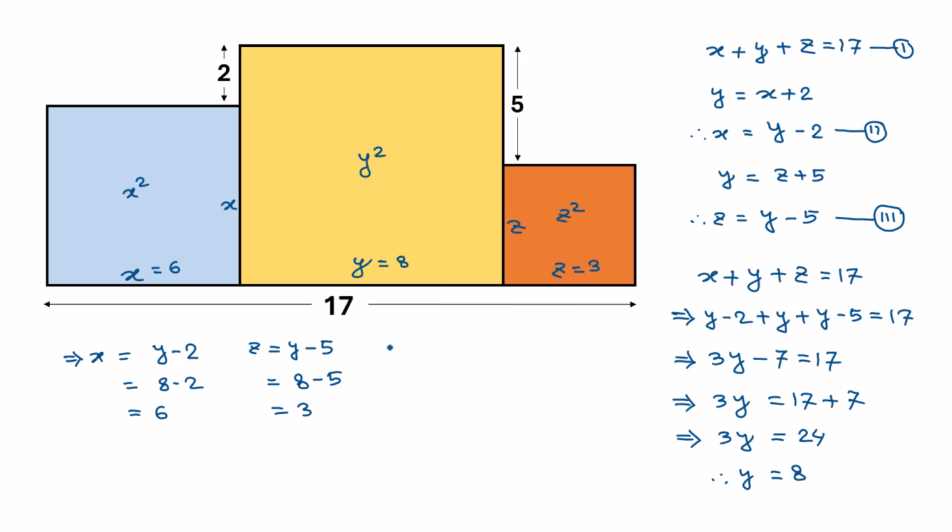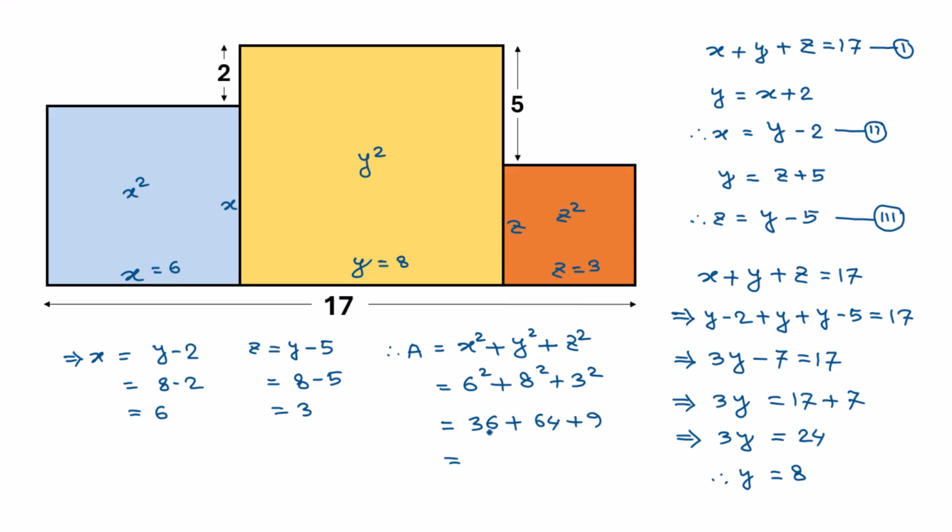Substituting x is equal to 6, y is equal to 8 and z is equal to 3, we get 6 square, this is 36, plus 8 square, this is 64, plus 3 square, this is 9.